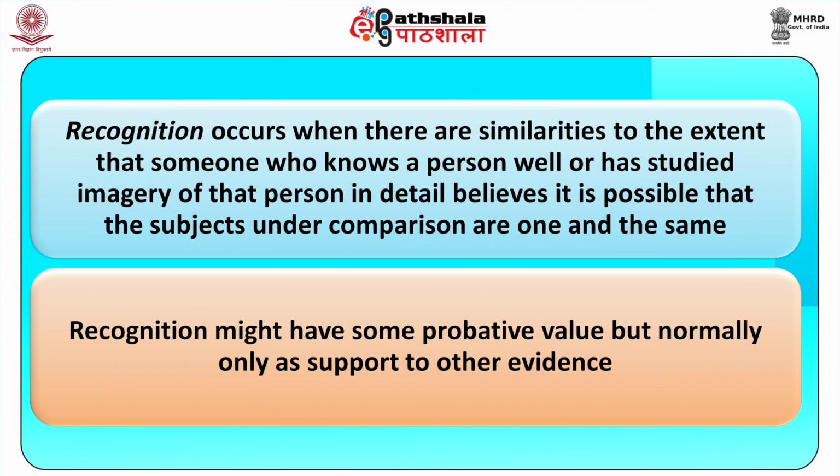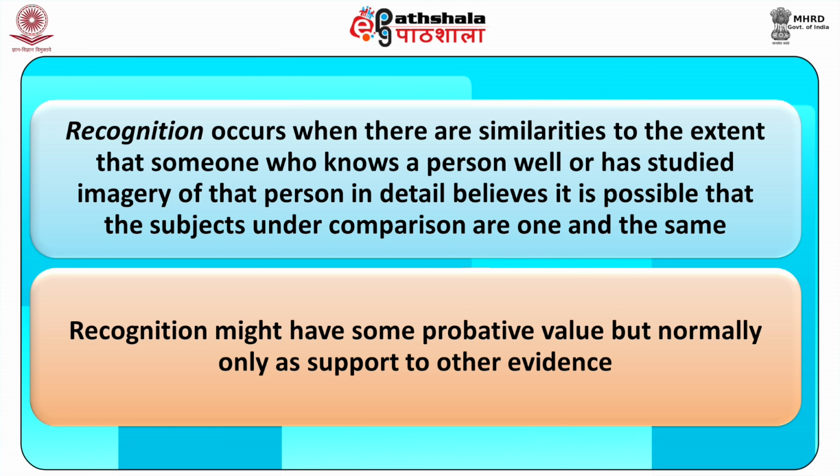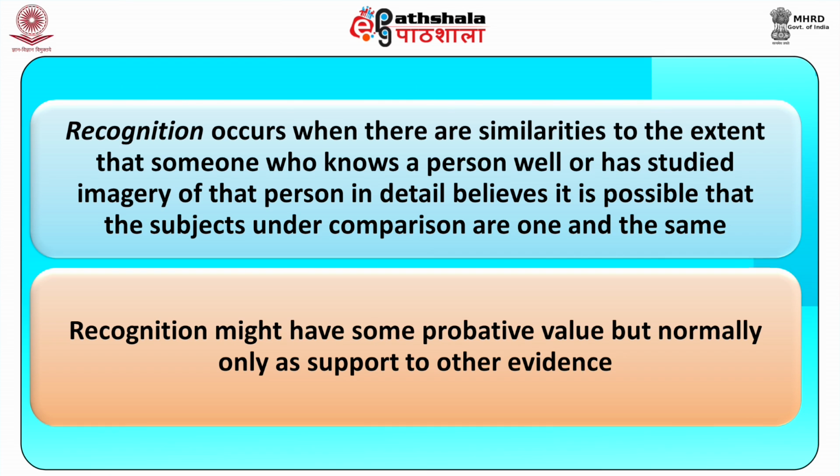Recognition occurs when there are similarities to the extent that someone who knows a person well or has studied imagery of that person in detail believes it is possible that the subjects under comparison are one and the same. Recognition might have some probative value but normally only as a support to other evidence. Identification, on the other hand, might stand as proof in its own right.